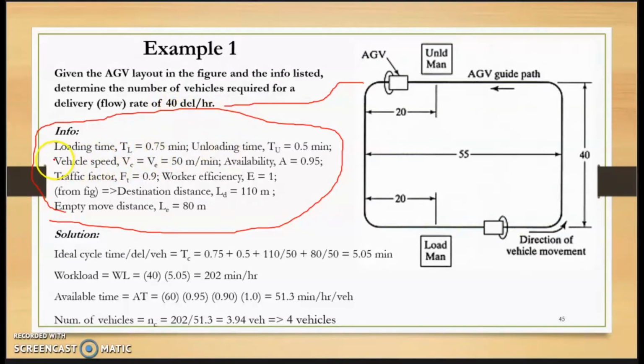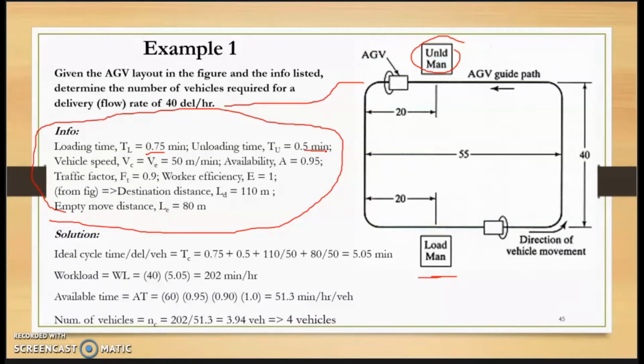The info given: loading time TL is equal to 0.75 minutes. It means that loading the AGV with materials takes about 0.75 minutes, around 45 seconds. The unloading time is 0.5 minutes, about 30 seconds, which is the time required by the operator to unload the material from the AGV and put it in the station.